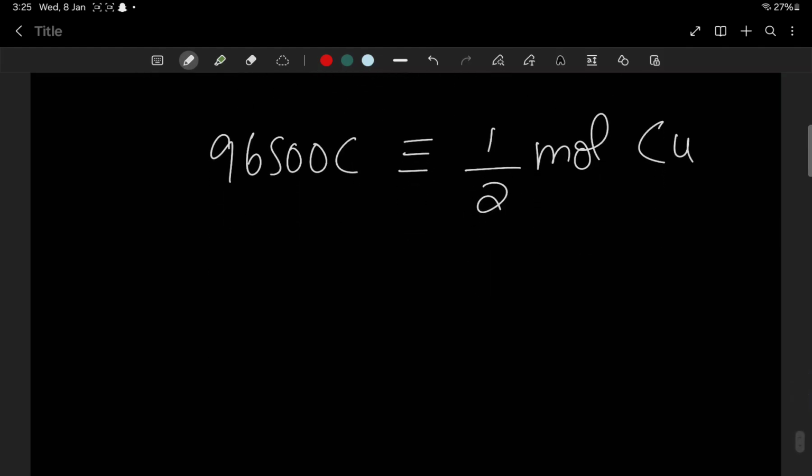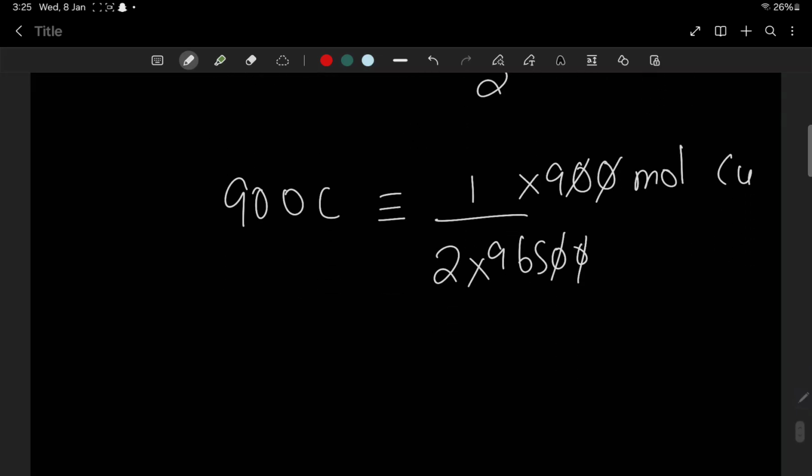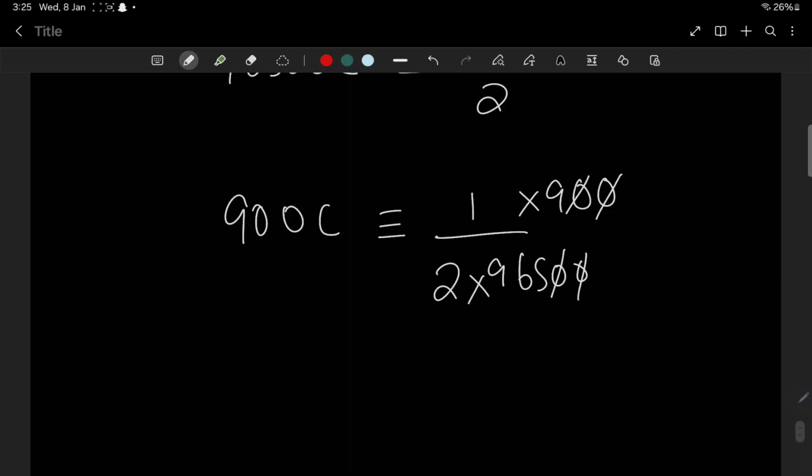So how much does 900 coulomb give? Simple. 1/2 into 900 by 96500 mole of Cu. Calculate this. They asked how many gram of copper is formed.